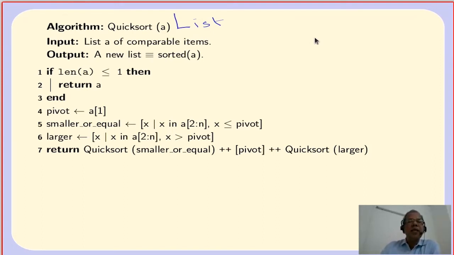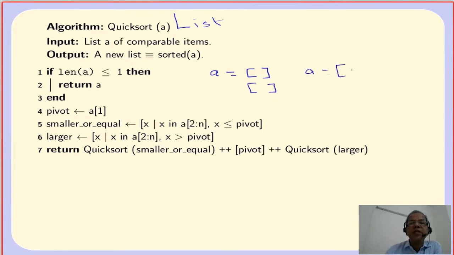It is a recursive algorithm. Any recursive algorithm should have at least one base case, and a recursion step. What is the base case here? We said that if A is equal to the empty list, the output is also empty list.